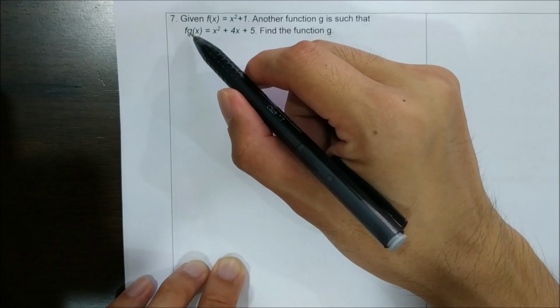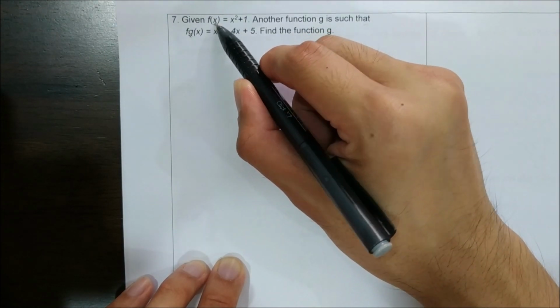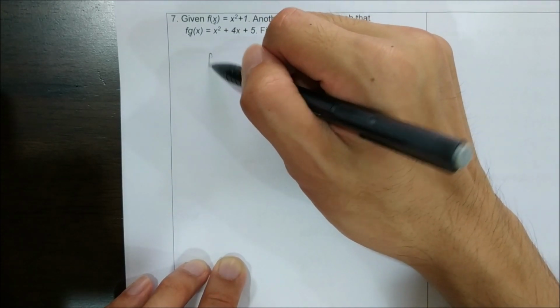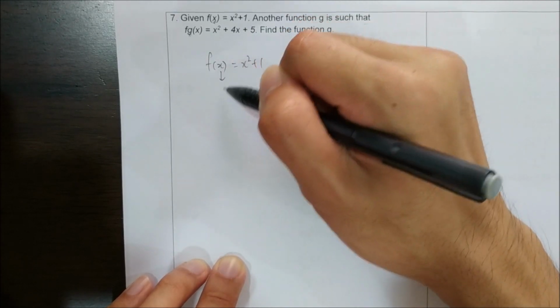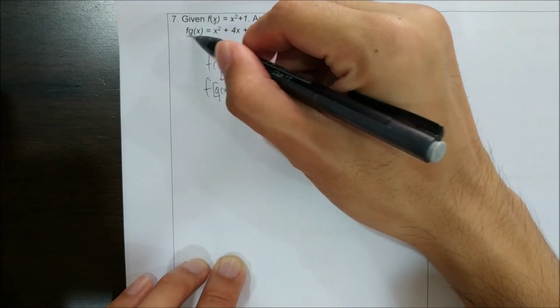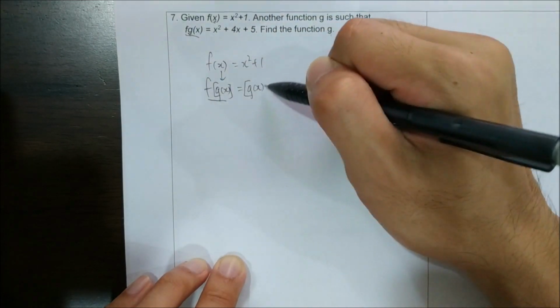In order to solve this, we just substitute g(x) into here. So when this is g(x), this becomes g(x). So we write, you see, f(x) equals to x squared + 1. When this is g(x), this one is the same as this, the x here becomes g(x).